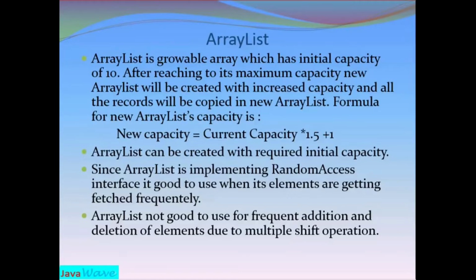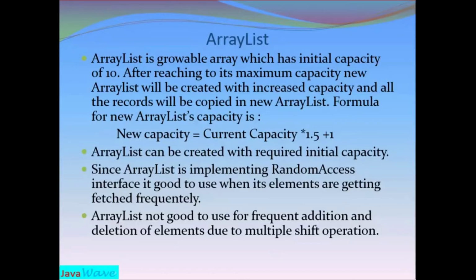Like if there is an ArrayList of 100 elements and I want to add an element at the 50th position. Since there is already an element at the 50th position, that needs to be shifted to the 51st position so that I can add the element at the 50th position. So just to add an element, there will be 50 shift operations.